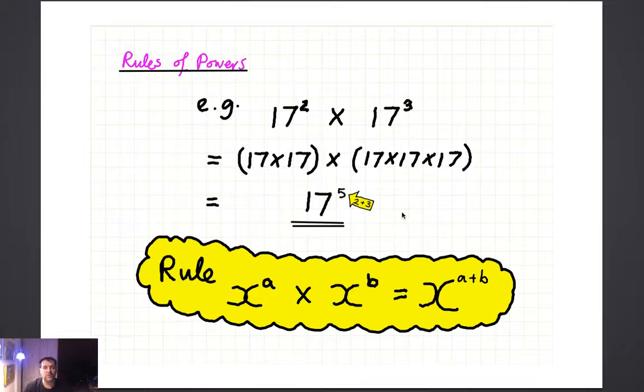In words, when you multiply powers of the same thing, you add the powers. In symbols, x to the power of a times x to the power of b equals x to the power of a plus b. So when you've got the same thing raised to two different powers, and you're multiplying those together, the rule is add the powers.